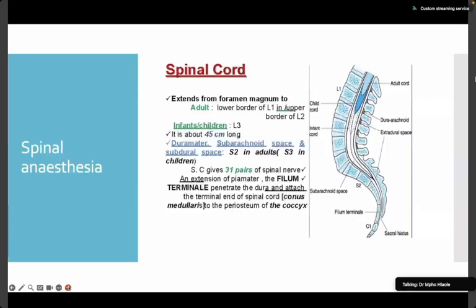Okay, so now we come to spinal anesthesia. The spinal cord, as we've already spoken about, extends to the level of L1 in adults, maybe around L2 as well, and in infants or children, it ends at L3.